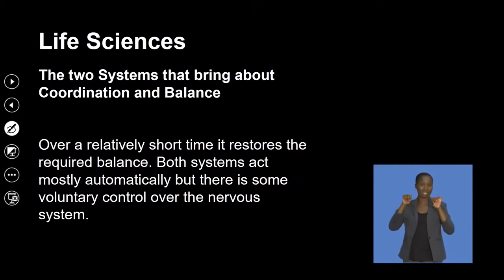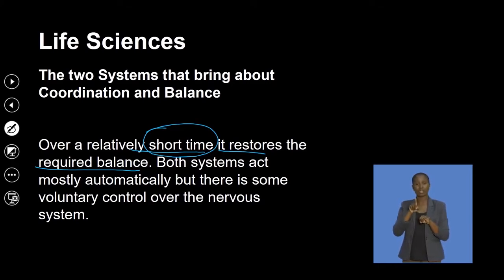Right, so over a relatively short time, it restores the required balance. Now, if we talk about the nervous system, it occurs within a short period of time. And we know that nerves travel very fast. Neurons are basically your nerve cells, and they carry nerve impulses which travel extremely quickly.